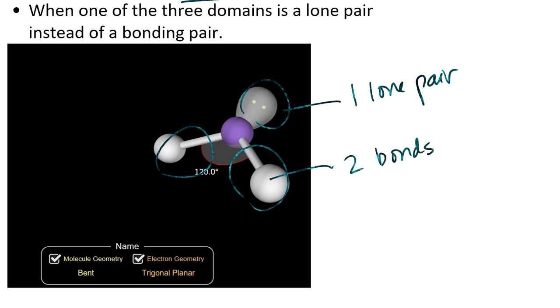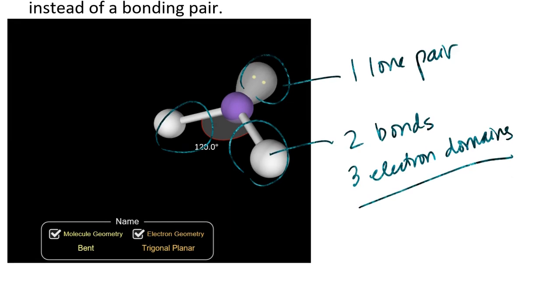Okay, well, basically that would still be considered 3 electron domains, because electron domains can be bonds or they can be lone pairs. And so, once again, basically the bond angle that would encourage the most separation between the electron pairs would be a 120 degree angle between the domains.